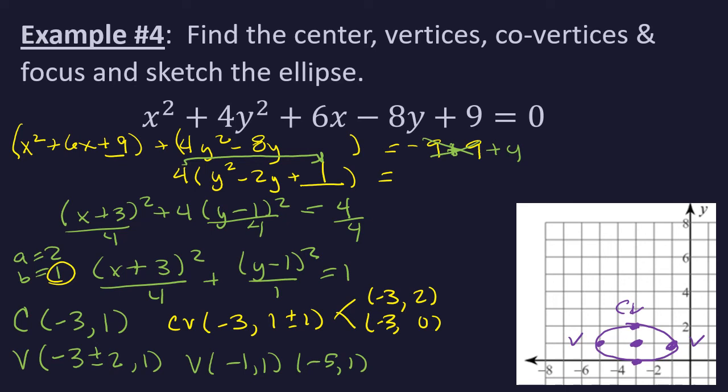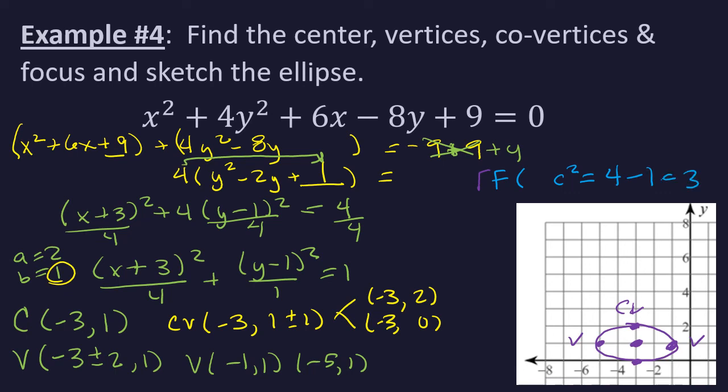All right, so now I'm supposed to find my foci, so find a little bit of room up here. So c squared equals a squared minus b squared, which is 4 minus 1, which is 3.